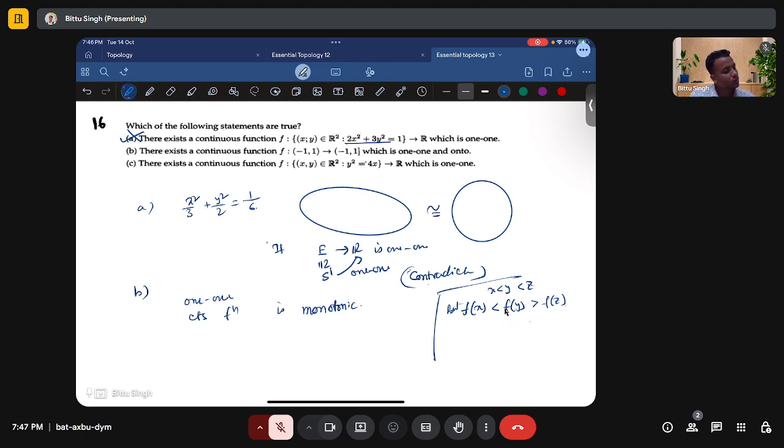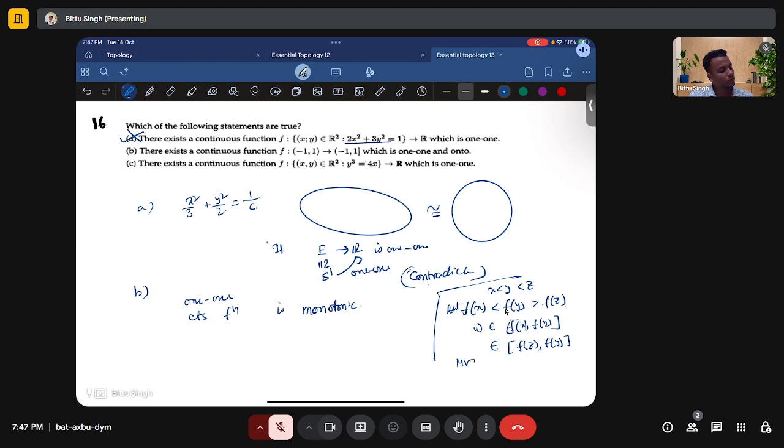Let w belong to (f(x), f(y)), and w also belong to (f(z), f(y)). Take a point from the neighborhood of f(y) which belongs to both of these.